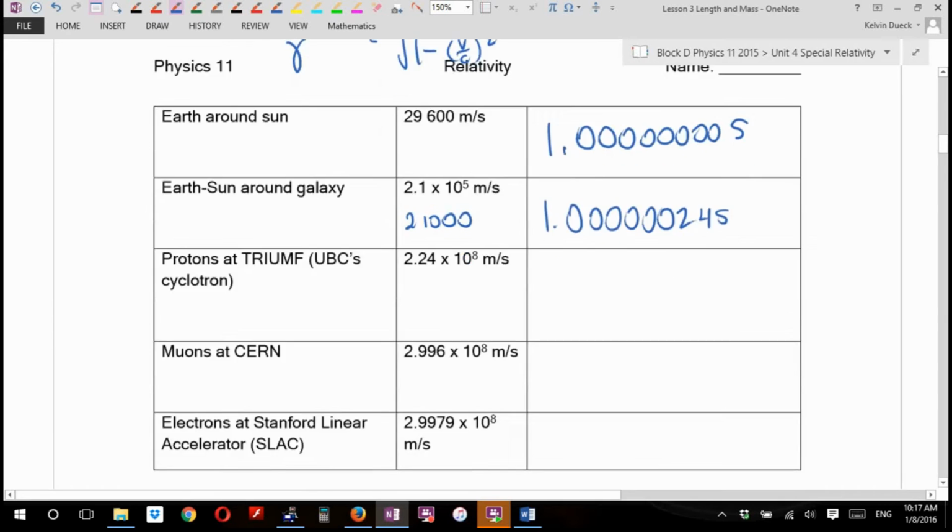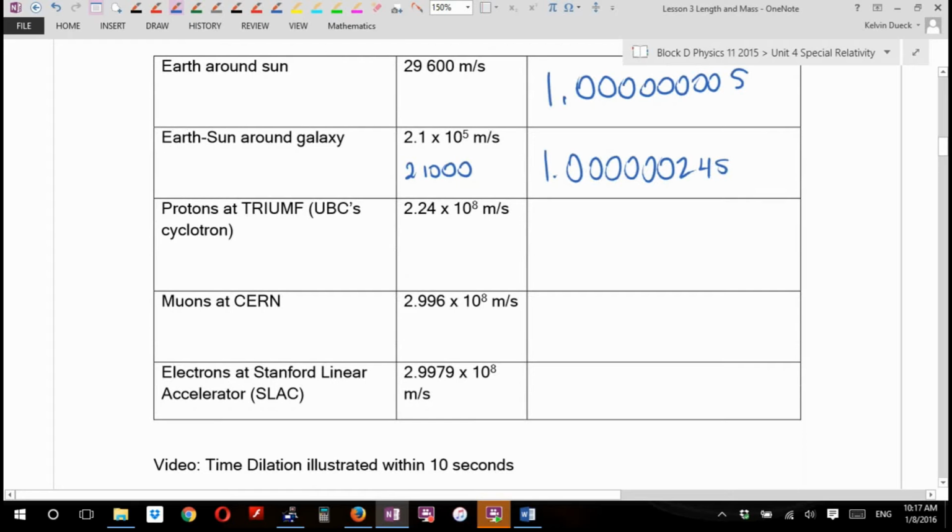Well, UBC has a cyclotron, a particle accelerator, and there they get the protons going pretty fast. They get the protons going at 2.24 times 10 to the 8th meters per second. How much does time slow down for those protons?